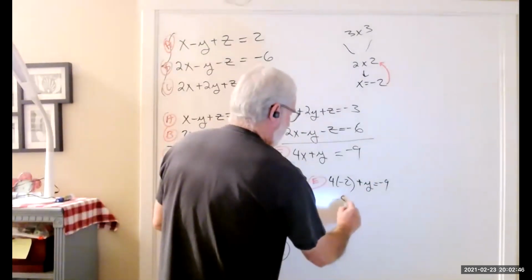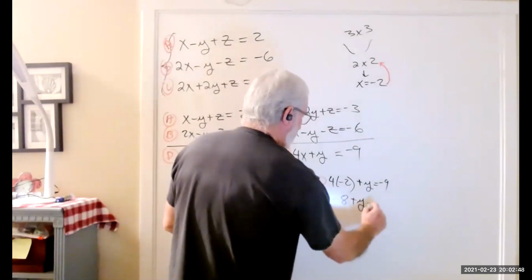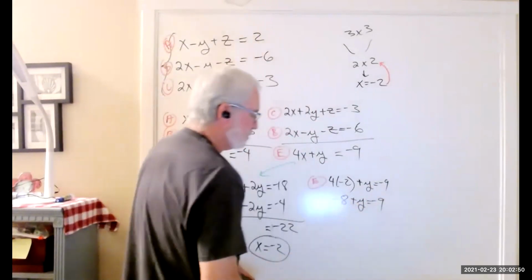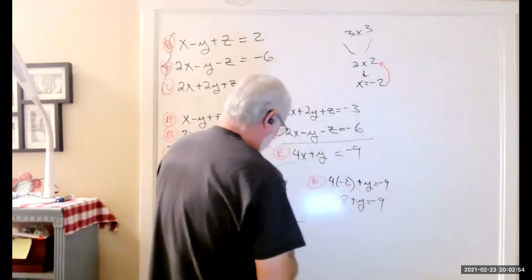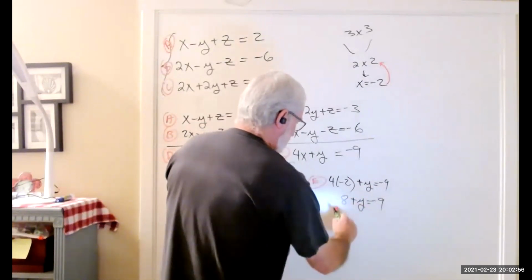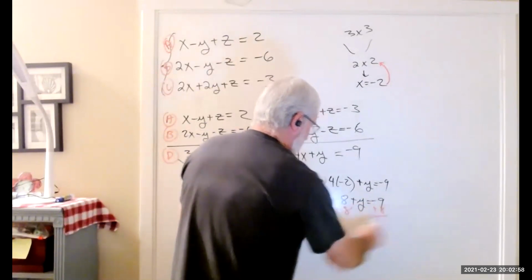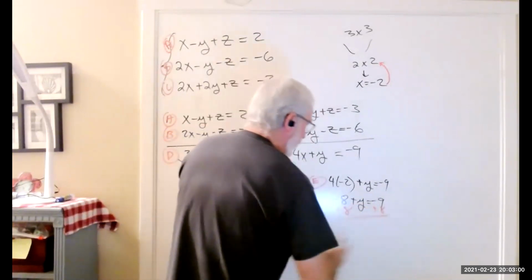It gives me -8 plus Y equals -9. Add 8, and I get Y is -1.